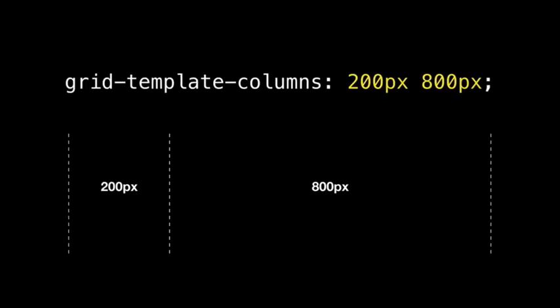Grid-template-columns and its counterpart, grid-template-rows, allow you to define arbitrary tracks. A track is a generic term for column or row, by the way. So here we're creating a 200 pixel wide column and another 800 pixel wide column. And these are obviously fixed width columns.